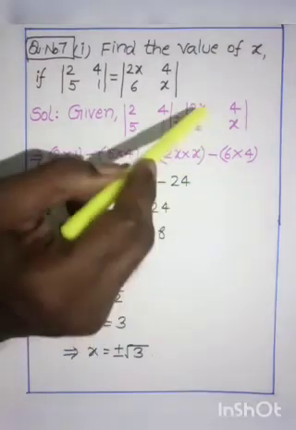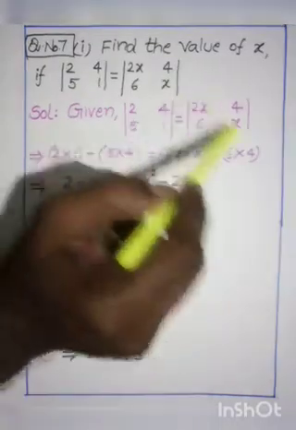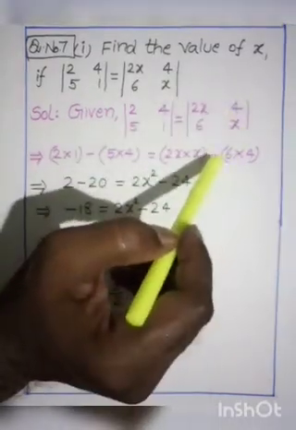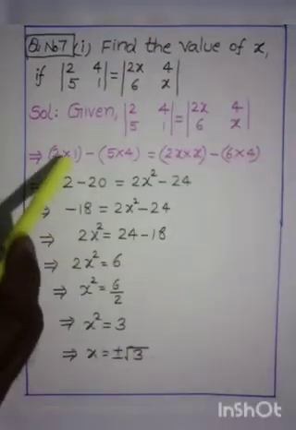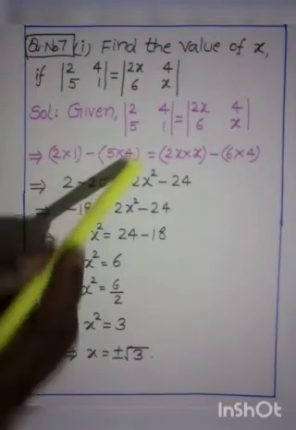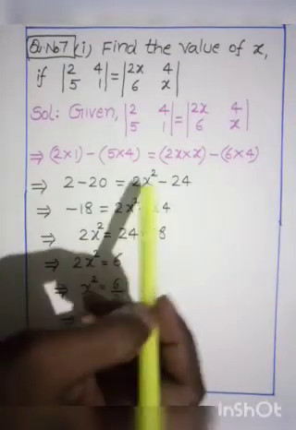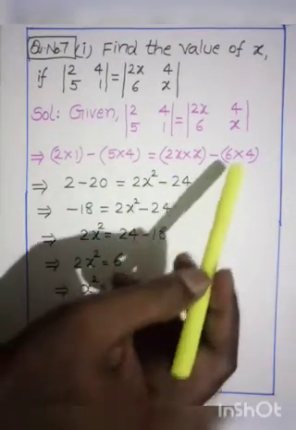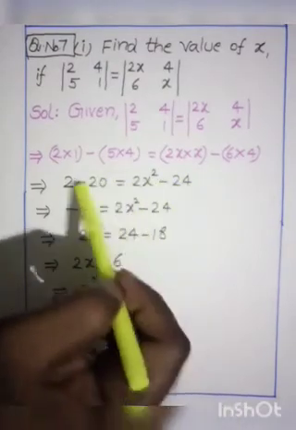That is equal to 2x into x minus 6 into 4, just like cross multiplication by keeping minus in between. And then what will you get here? 2 into 1, 2, minus 5 into 4, 20, is equal to 2x into x, 2x square, minus 6 into 4, 24. Understood this step, my dear children?